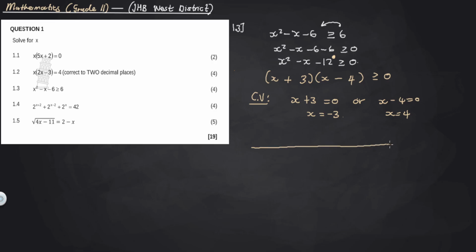Then we prepare a number line, but I'm gonna be using a graphical method for this one. So these are the roots of a parabola, right? A smiling parabola, because the a value is bigger than 0.